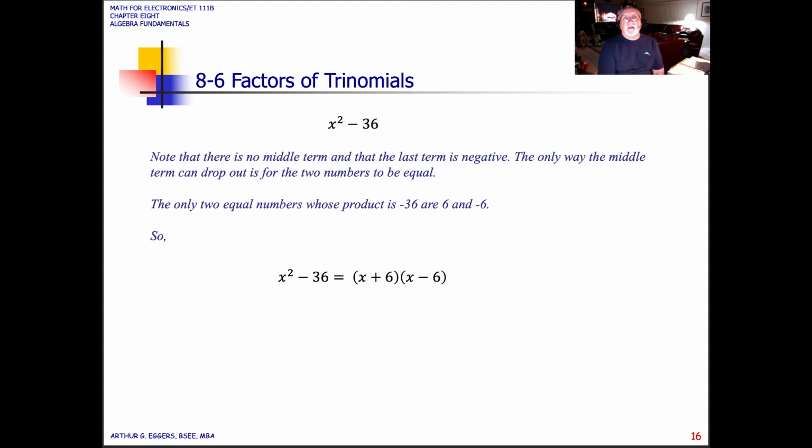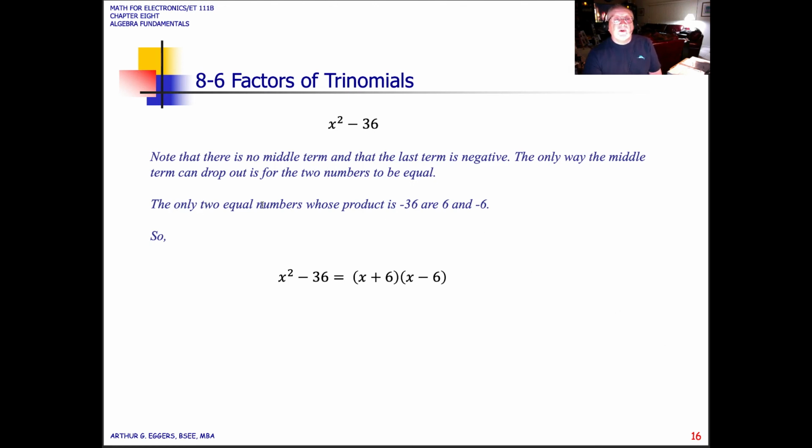What if we only have two terms? In this case, x squared minus 36. Note that there's no middle term in this example and that the last term is negative. The only way the middle term can drop out is if the two numbers are equal in size. So in this case, the problem becomes very easy.